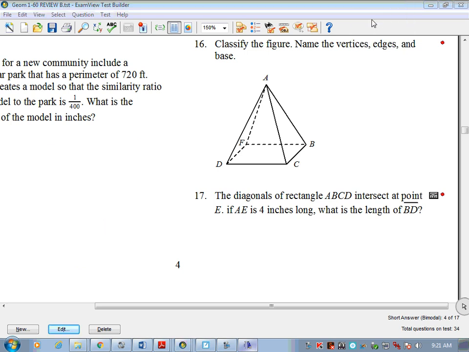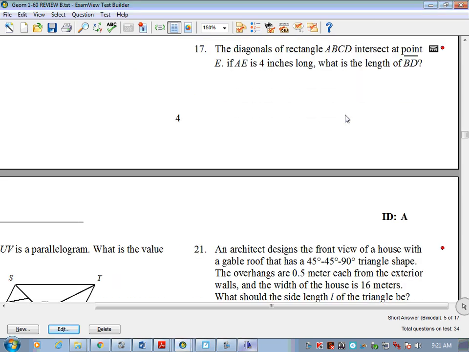Okay. Number 17. 17 comes from lesson 52, properties of rectangles, rhombuses, and squares. Diagonals of a rectangle ABCD intersect. So let's draw a rectangle. We know we have right angles.